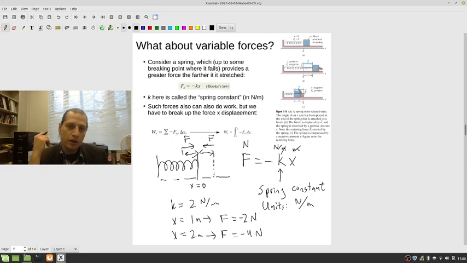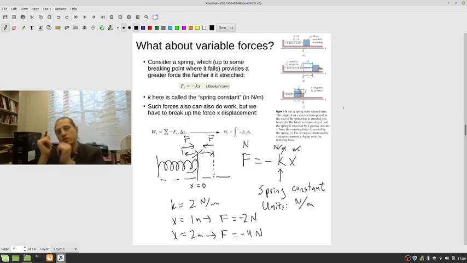Now, for us, they're going to be an interesting case study because we can get them to do work. So if we have a spring and we want to, for instance, compress that spring and put a block on there, we can let the spring go, and it will push on the block and cause the block to start moving off.